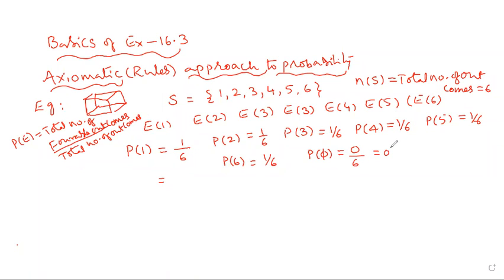So it is either equal to 0 or above 0. 1 by 6 is 0.1-something. Therefore, every probability is either 0 or above 0, up to 1 only. Okay? Up to 1 is possible.